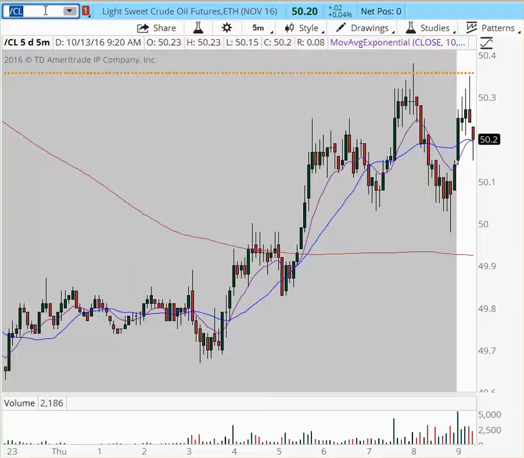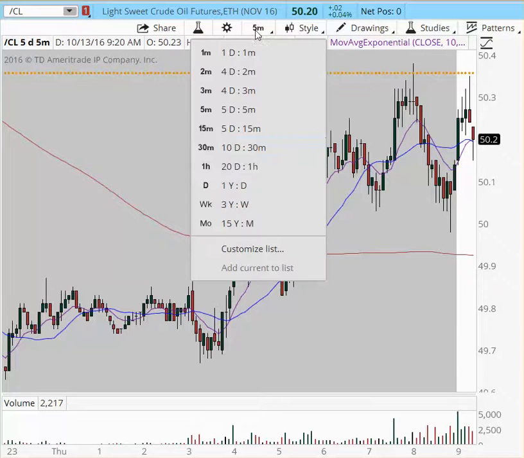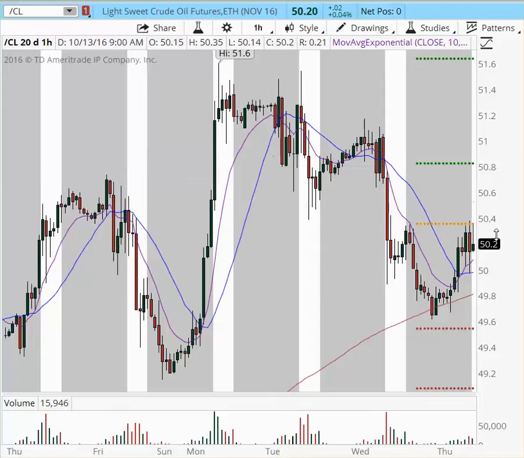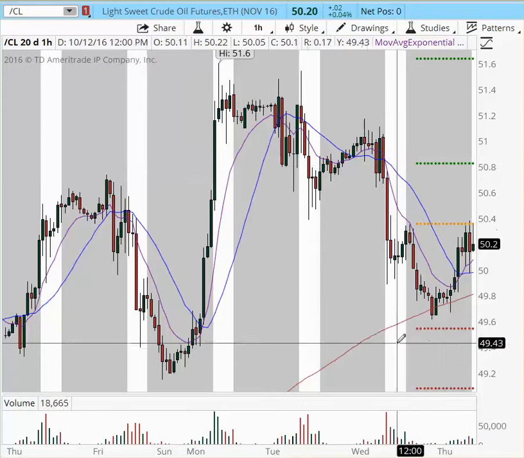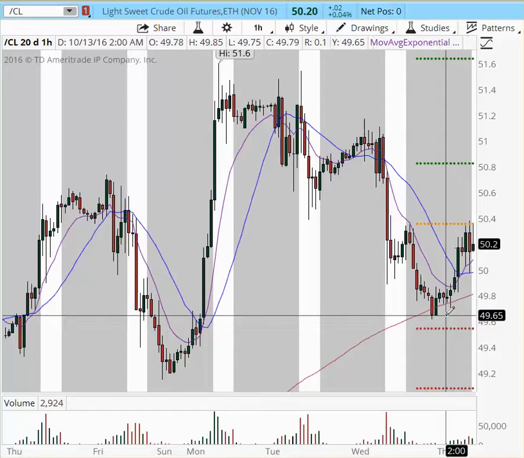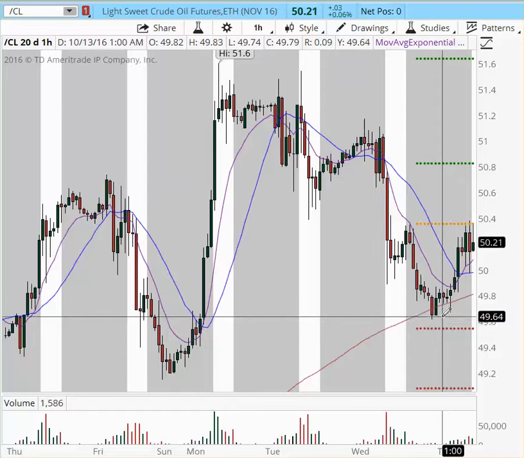Last but not least, CL, that is holding really, really well despite the market pulling back. It's not influencing oil as much, and I'm going to move back to the hourly chart. So what we see right here is that we stabilized at this price point at 49.64 support level.